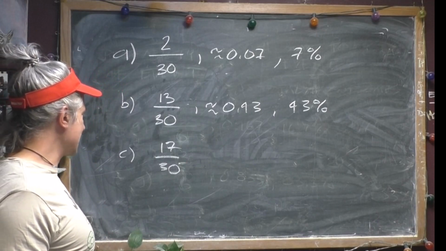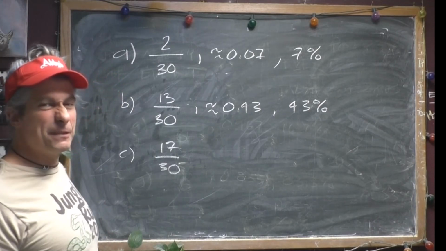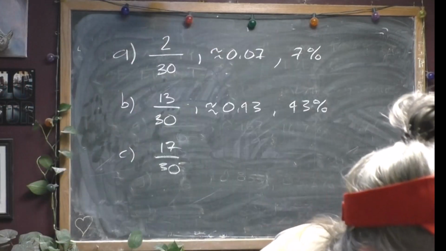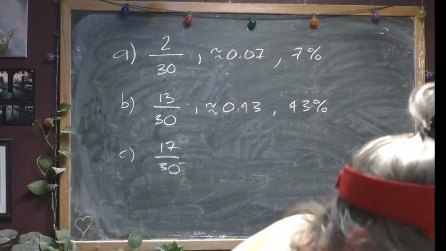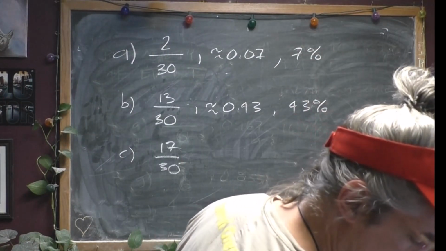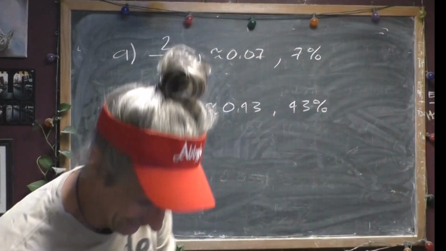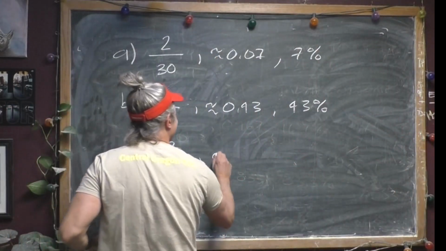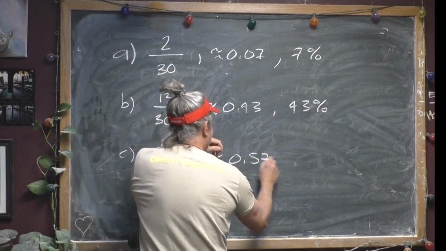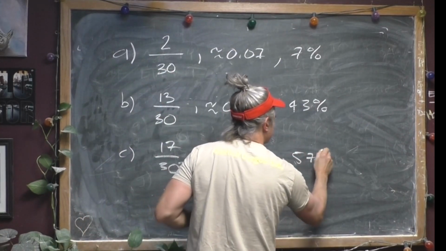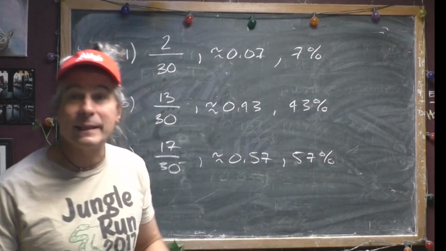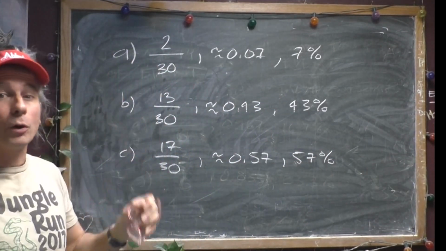I'm going to say it's 7% above 50%, so 57%. Let's see how close I am. 56.6. About 57%.